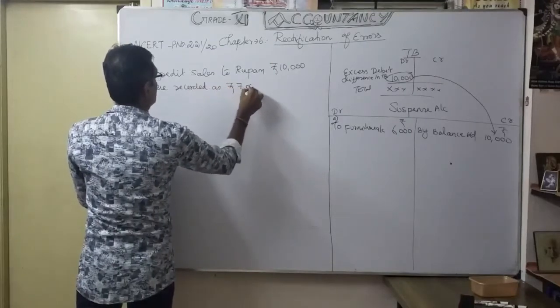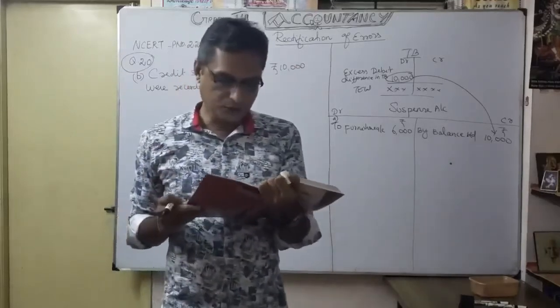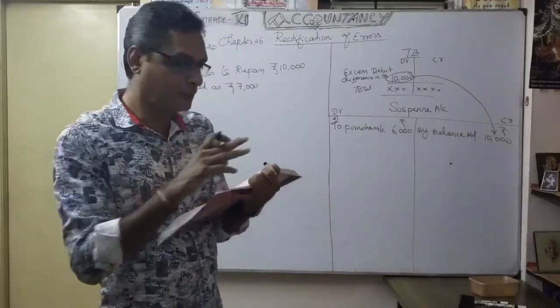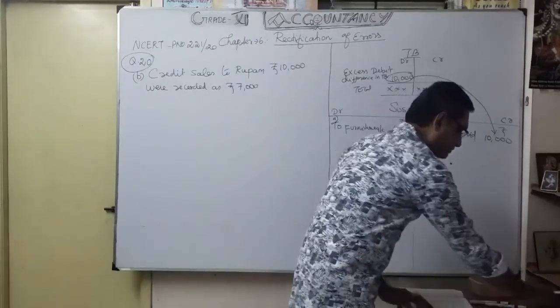Only 7,000. Understood? The error: we made credit sales to Reuben of 10,000, but recorded only 7,000. Now let's see how we are going to rectify that.